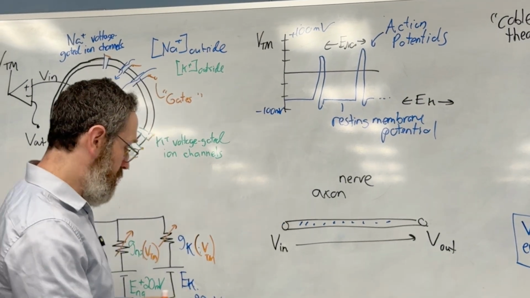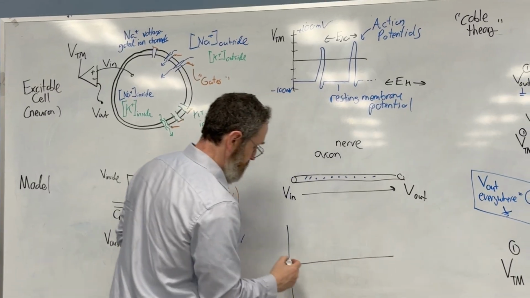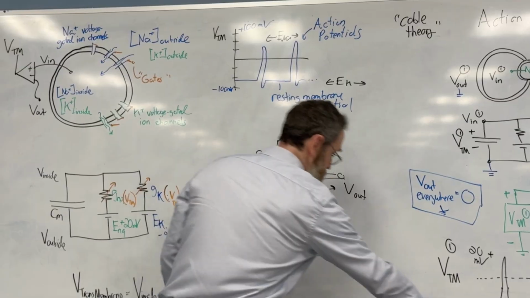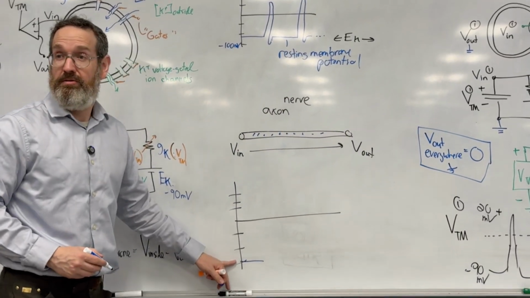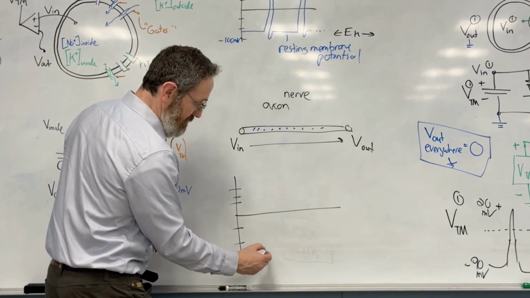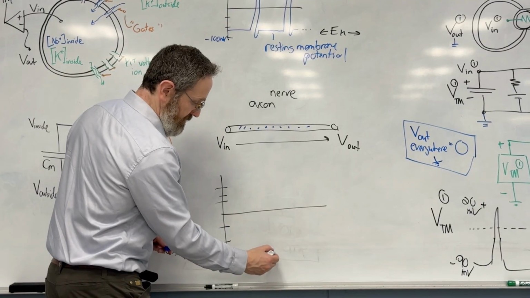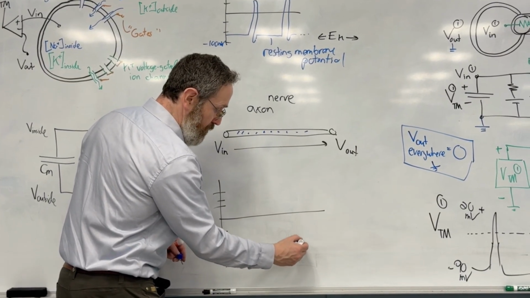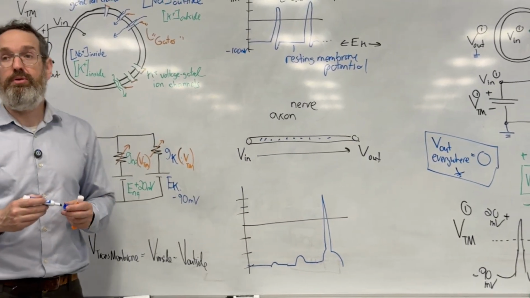We know, to make it explicit, that if the cell is sitting around at its rest, and you tickle it a little bit, it doesn't do much. Maybe you tickle it a little bit more, still doesn't do too much. But then you tickle it a little bit more than that, and this process explodes.